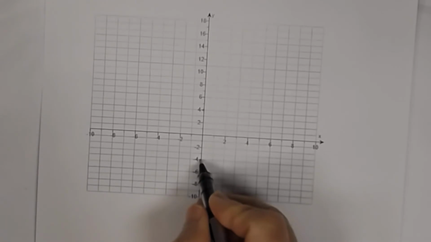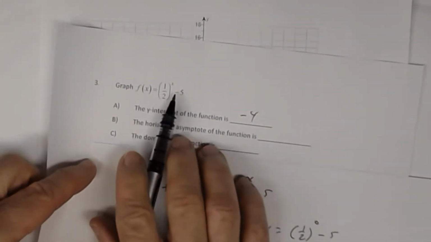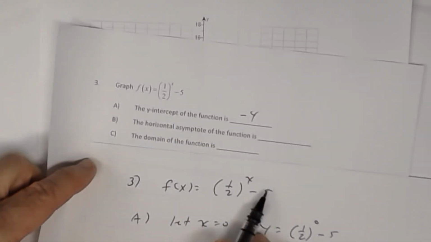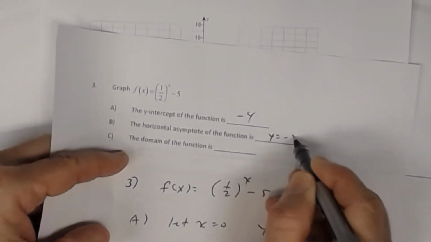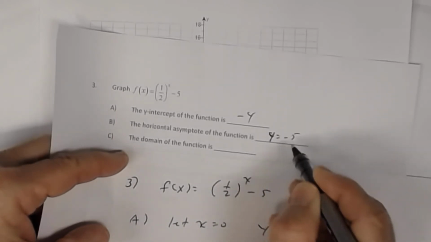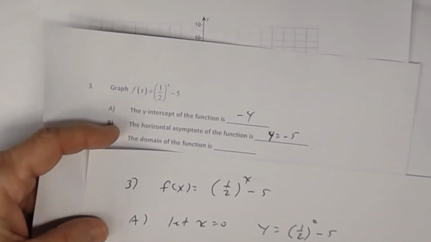All right, so right now, if you want to, you can go ahead and put a dot at negative 4 right here. We also know that the horizontal asymptote is this negative 5. But you've got to say y equals negative 5. And then from there, you can draw the horizontal asymptote.